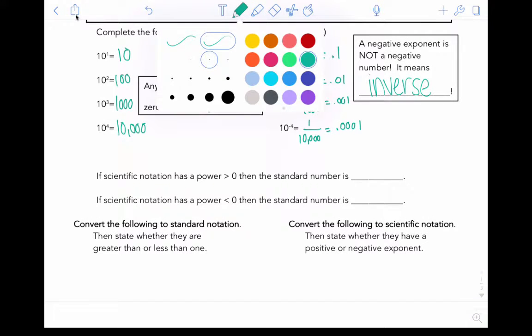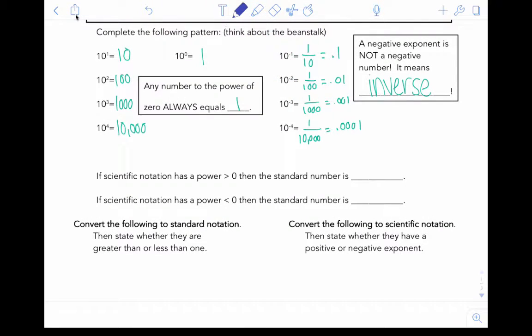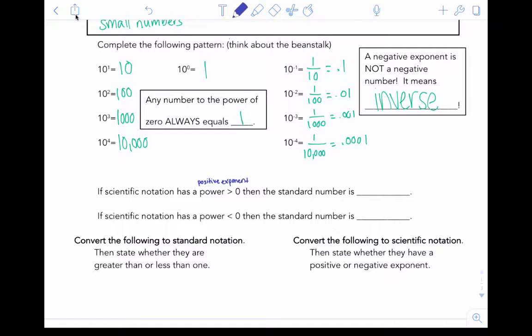This next information is really, really important. So make sure you're understanding what I'm saying here. If scientific notation has a power greater than 0, so that means it has a positive exponent, then the standard number, the regular number, is going to be greater than 1.